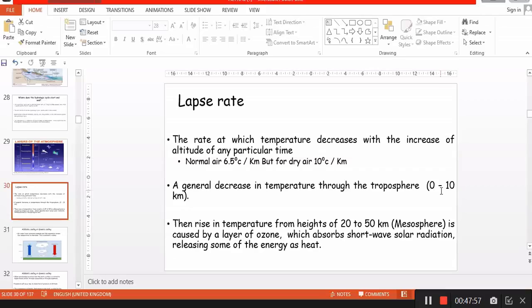Have you heard about ozone? Ozone is a layer responsible for preventing unwanted radiation coming from the sun. That layer prevents the bad effects caused by this radiation.